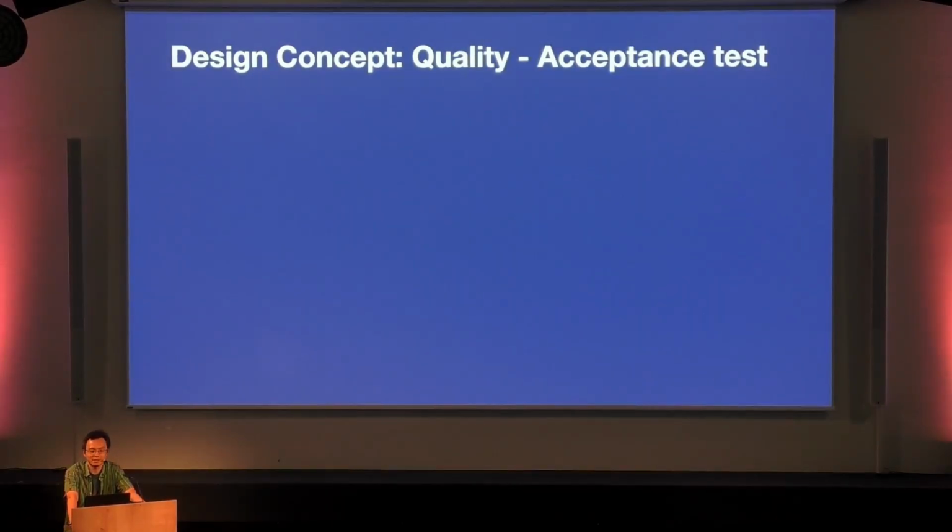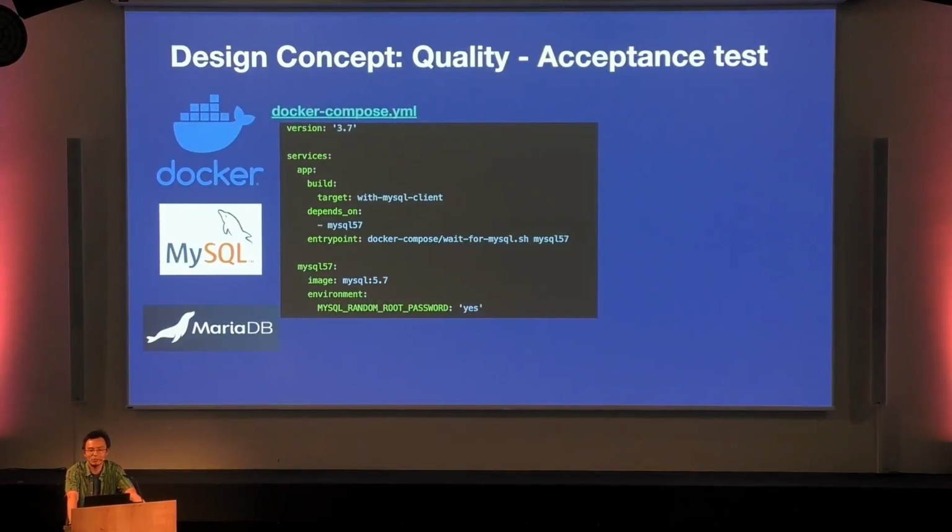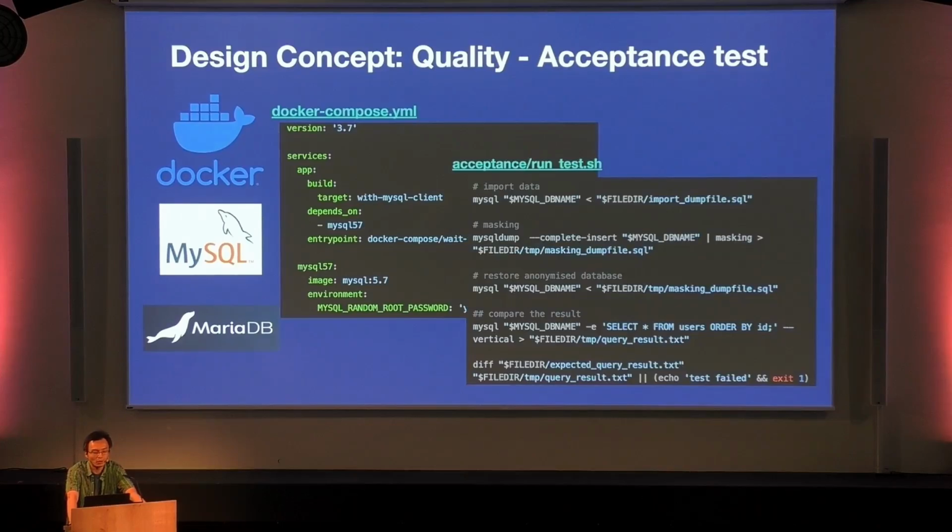And for acceptance tests, we are lucky because we are in the era of containers, and we can use real processes. In my case, MySQL or MariaDB. So I can write acceptance tests as a shell script against a Docker container. This looks hard, but it's simple.